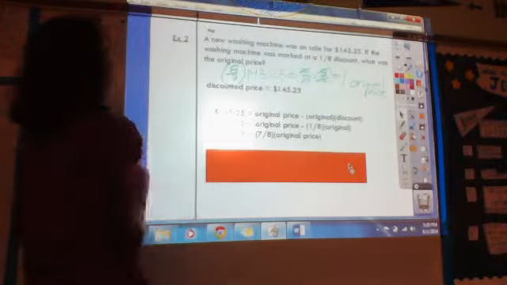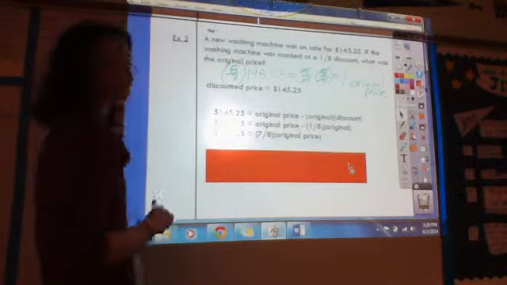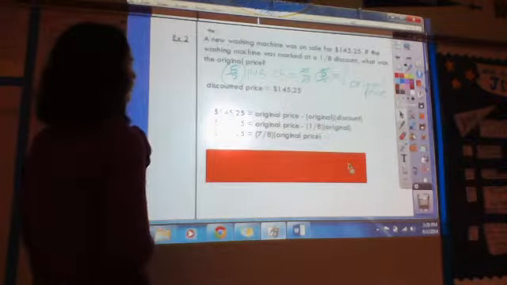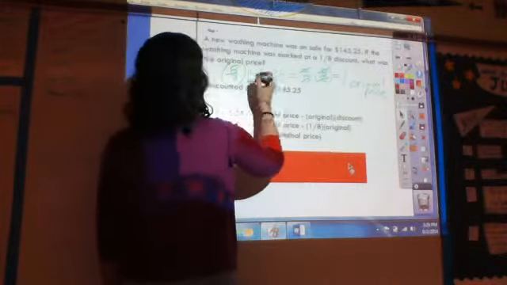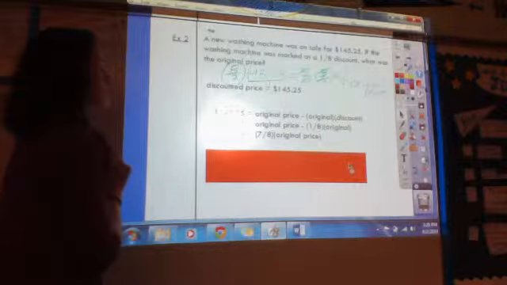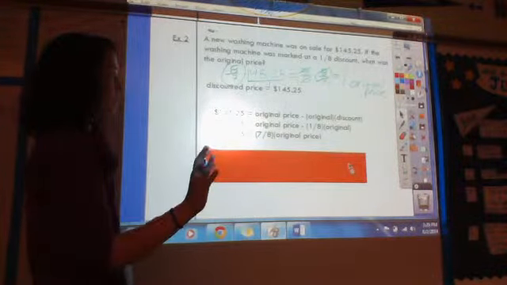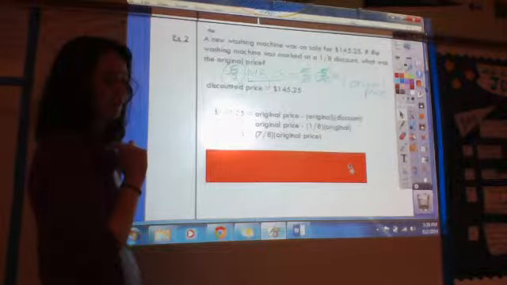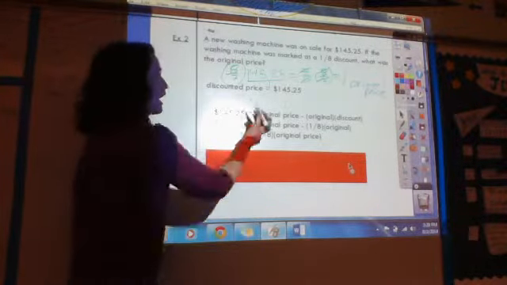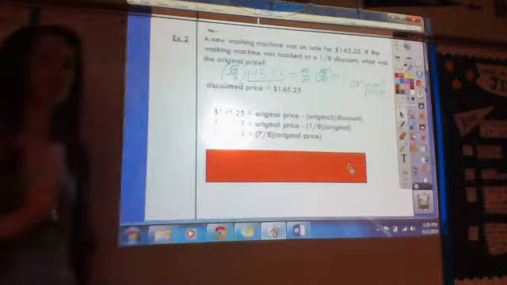Okay, now let's move over here. How in the world are we going to do this? We are going to need to multiply 145.25 times 8 and then divide by 7. I know it looks like a lot of work, but you can do it. Okay, on your paper, I want you to multiply 145.25 times 8.